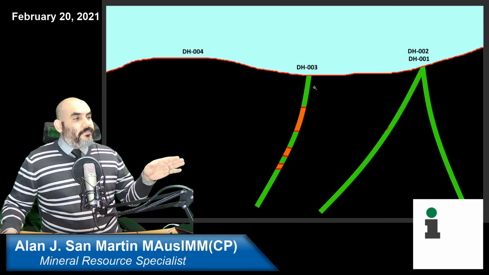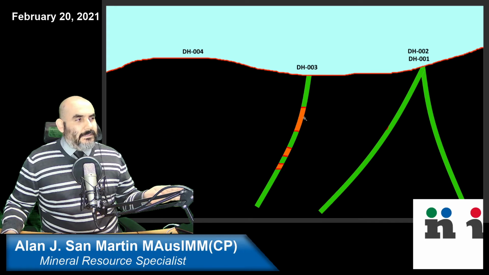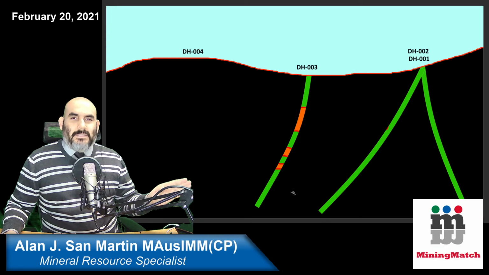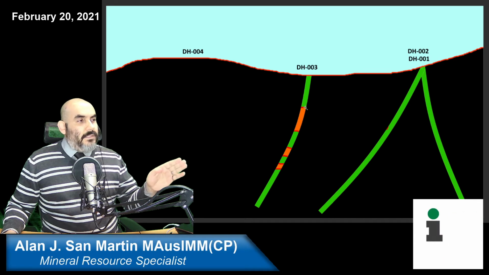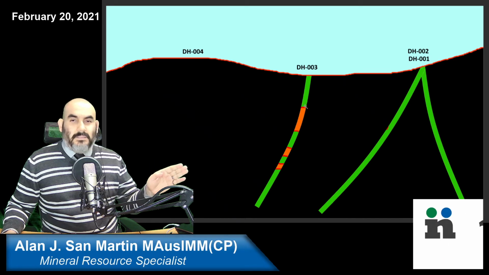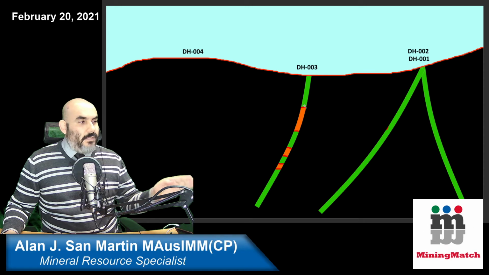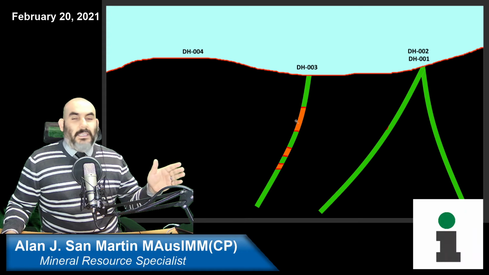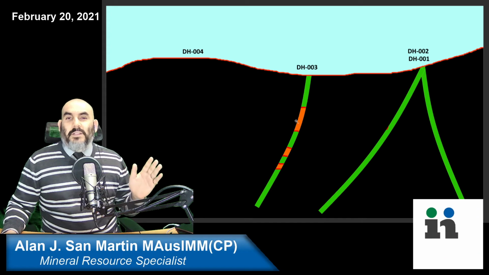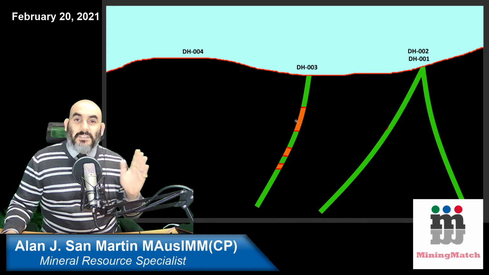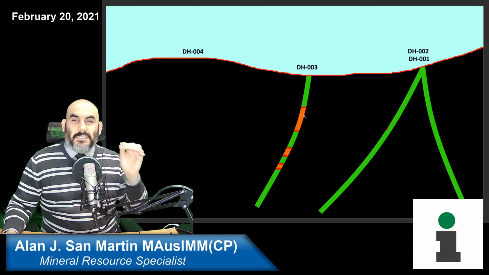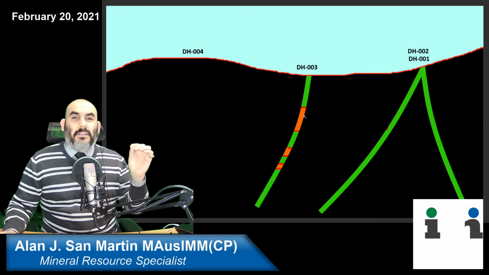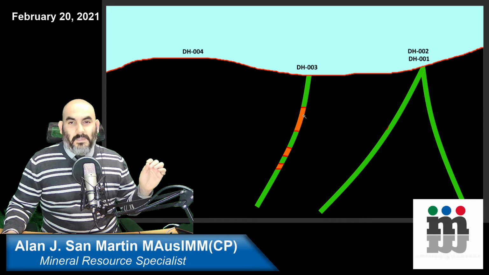This is good news. When they get this information, they sample this. Typically the whole drill hole is sampled, and it is great news. But you still don't know what's happening. You just have a little clue that tells you that there is something.